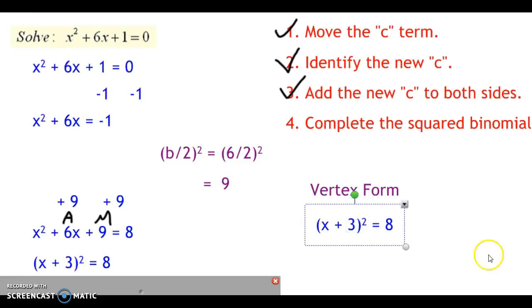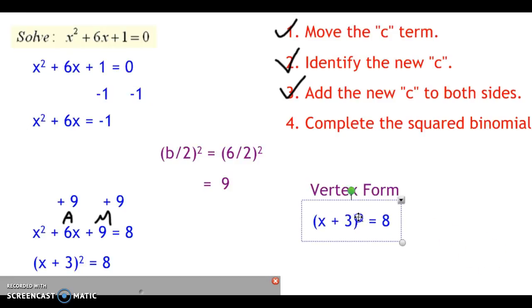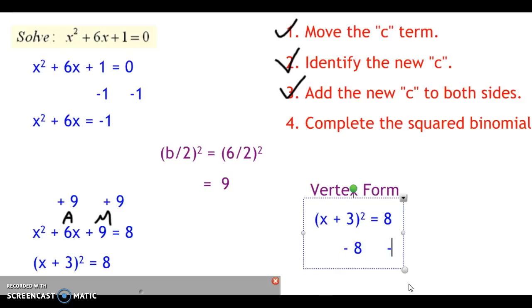It's still a quadratic equation. And you remember from quadratic equations that we learned about all throughout this year, a quadratic equation is at its finest when it says equals 0, but this says equals 8. So I want to make this say equals 0 in order to put it in vertex form. I, of course, need to subtract 8.